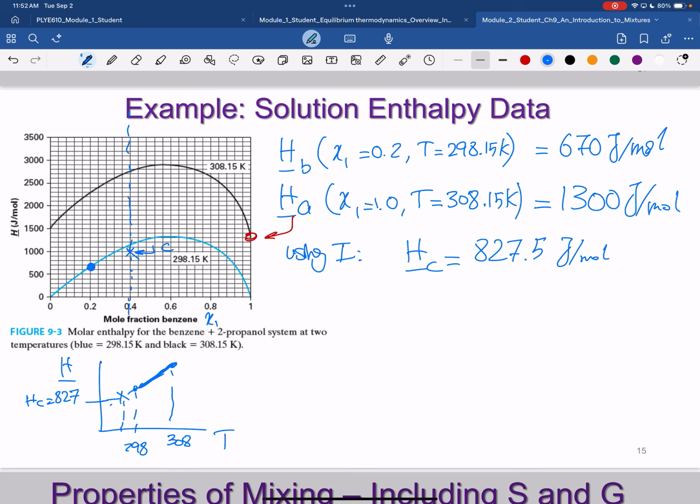Yeah. So your HC, using this, it's just going to be a slight change in the temperature. It's going to be 295 K if you use this.